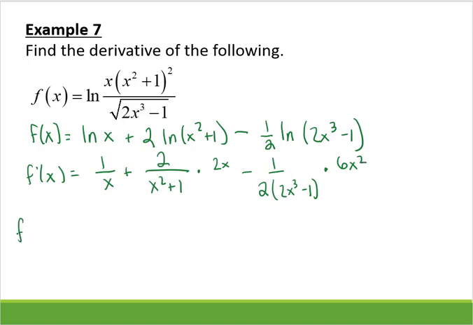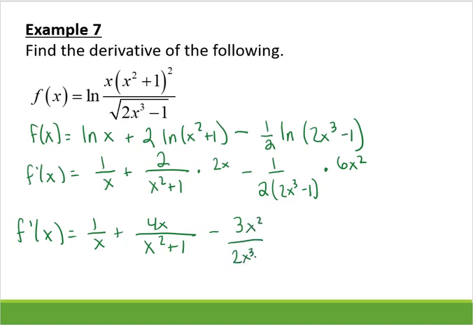Now we might want to clean that up just a little bit. Minus, that cancels to be 3x squared over 2x cubed minus 1.